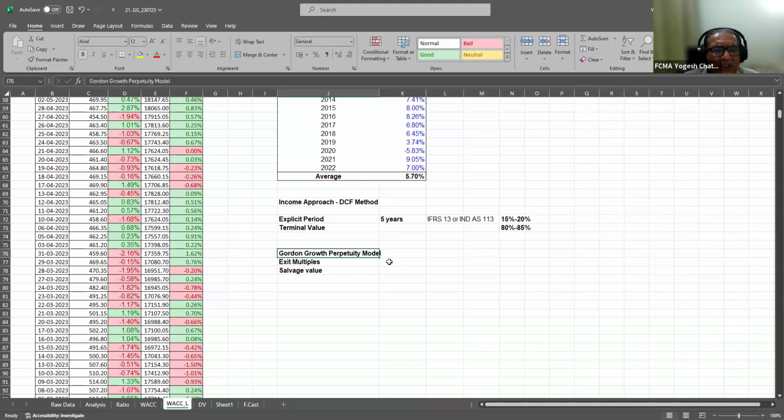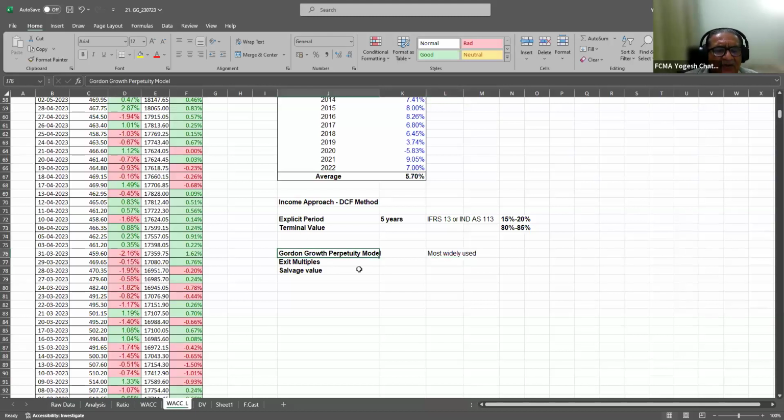But the most widely used method is the Gordon growth perpetuity model. So that is the most widely used method to derive the terminal value.